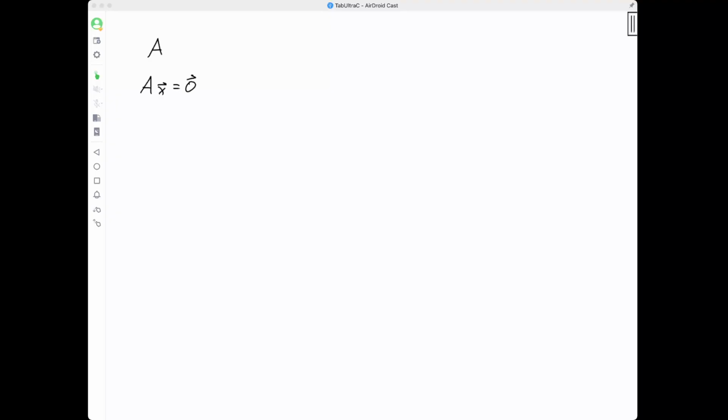So let's assume that U and V are in that null space. To show that this is a subspace, I have to show 3 things. The first is that 0 is in the null space.